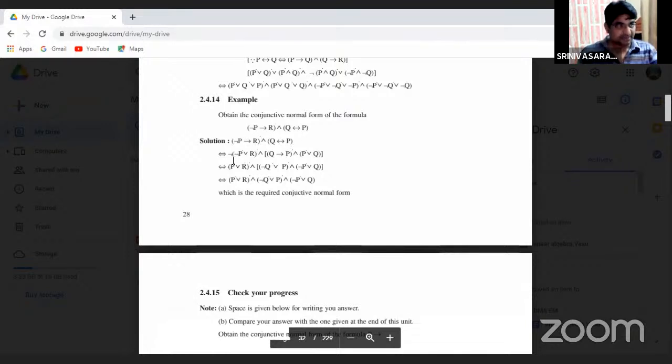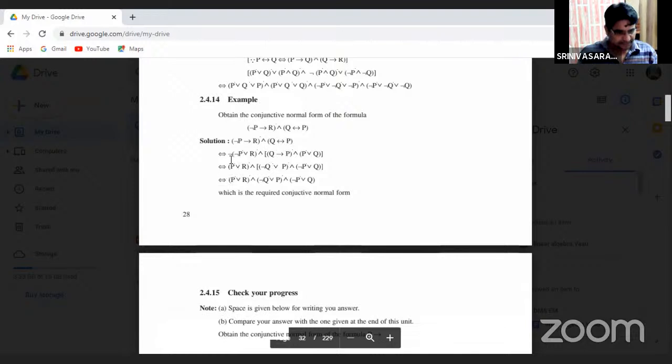A and B means negation of A or negation of B, and the expression is there. Negation of A means this is, and Q to P and P to Q. This is the Q if and only if P, which can also be written as this type of expression.